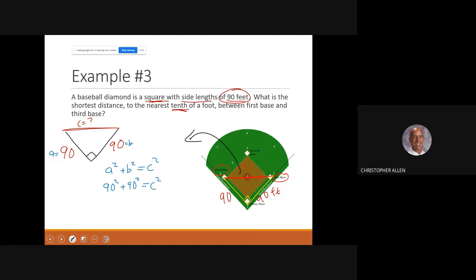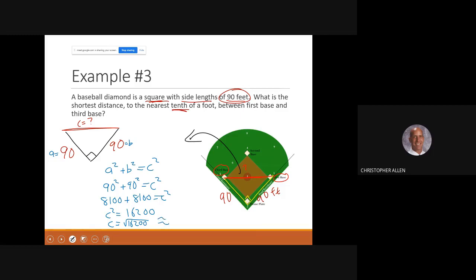So 90 squared, I think that might be 8100, plus another 8100 equals c squared. So c squared is going to be 162 and then 2 zeros, I think it's 16,200 if I'm not mistaken. And now we need to do the square root of that. This is where that calculator will hopefully come in handy.